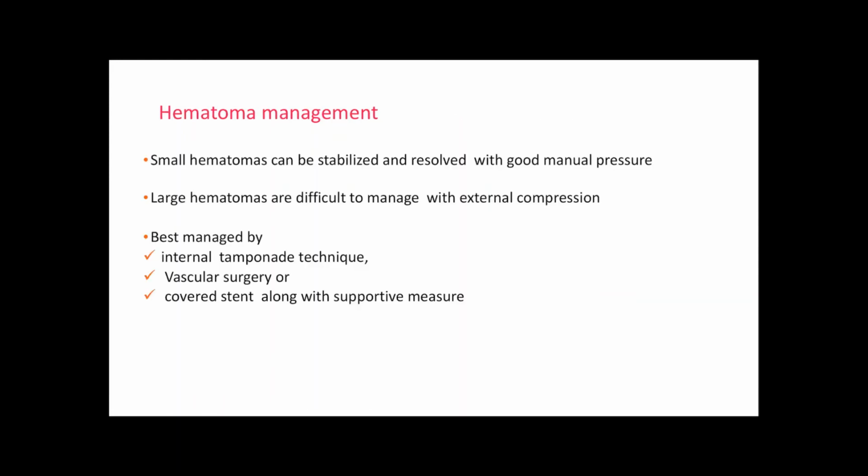So coming to hematoma management, I said hematomas can be stabilized with good manual pressure, provided that the puncture is happening over the femoral head. Otherwise, there could be trouble. Large hematomas are difficult to manage by external compression. An internal tamponade can be used. So what is an internal tamponade?